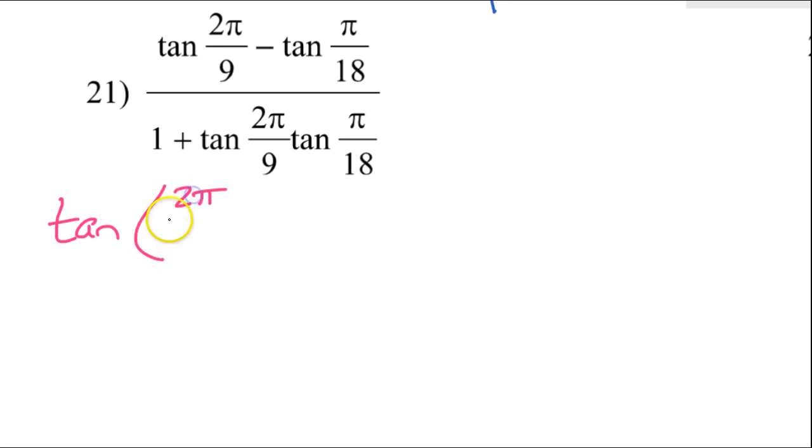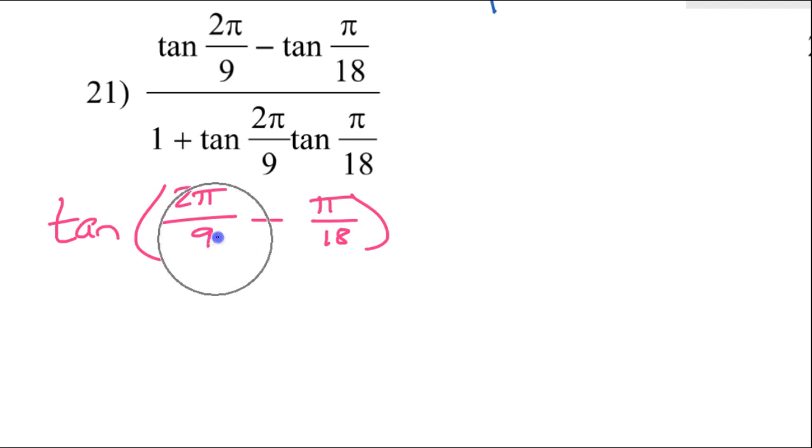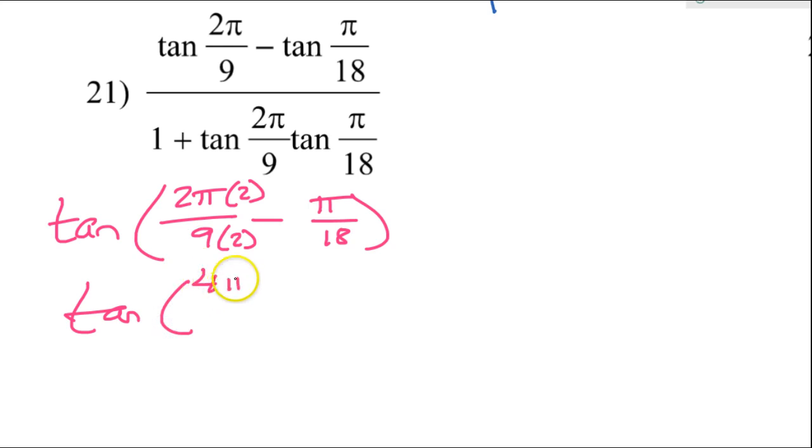This is identical to the last two problems, so probably no one's even watching this right now, and I'm talking to myself. I've got the tangent of this minus this. I need common denominators, so that's the tangent of 4 pi over 18 minus pi over 18.